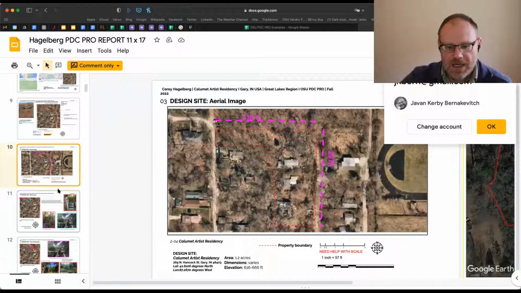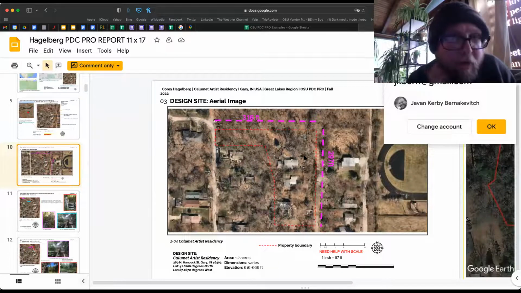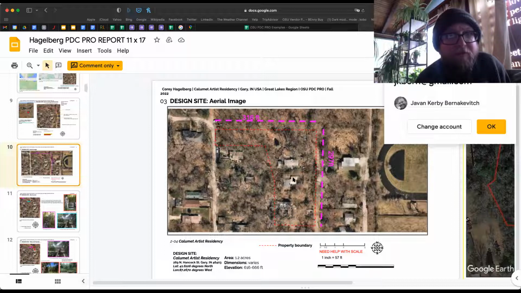Okay, Corey, when you say steep, first and foremost, what's the high point here and what's the low point, and what's the difference? The high point is between the two houses, kind of in the middle, right there. And then going east to the right, it's a very steep slope going down to the alleyway.